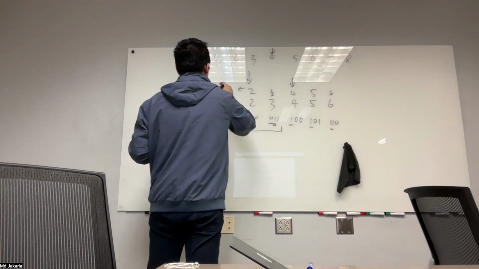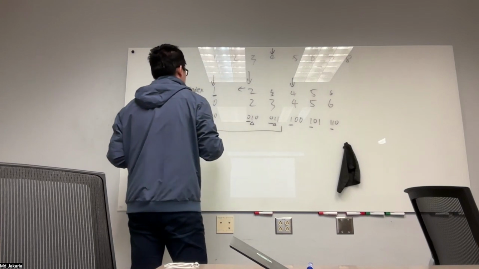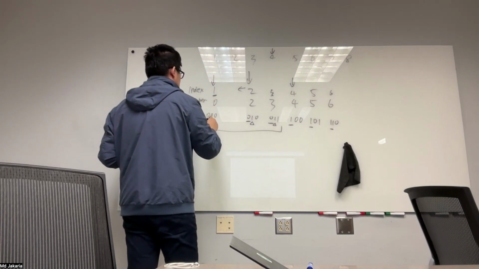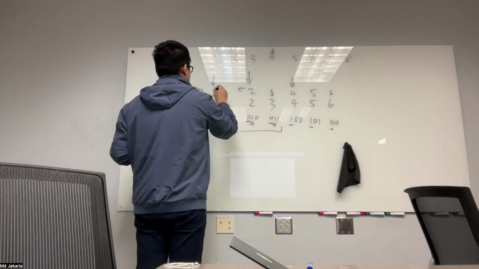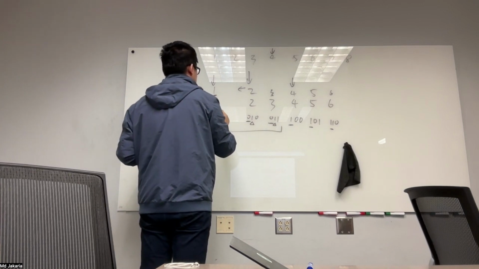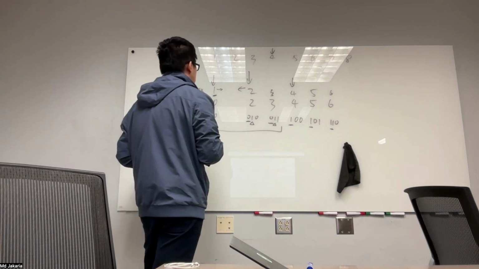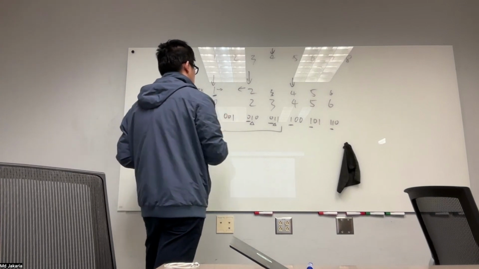And then the next step is, of course, to look at index number 1, where the second significant bit is 0. So the number that's missing is 4. So that's 0, 0, 1.